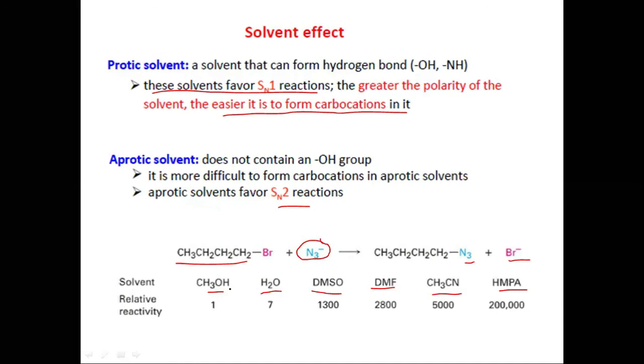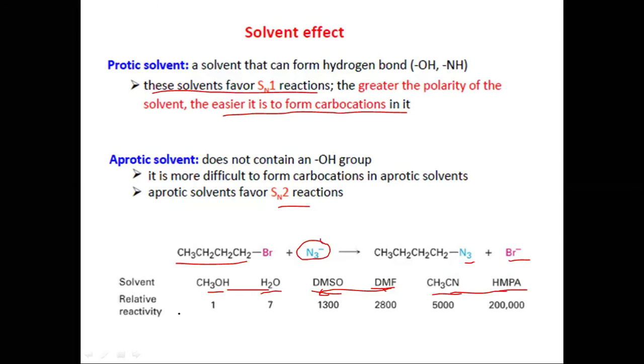You have used protic solvents, that is methanol and water. DMSO and DMF are examples of polar aprotic solvents. This is a polar protic solvent, and this can be an aprotic solvent, acetonitrile and HMPA.